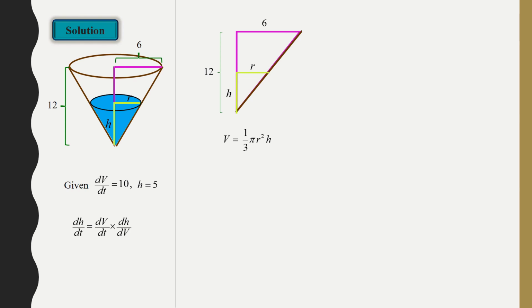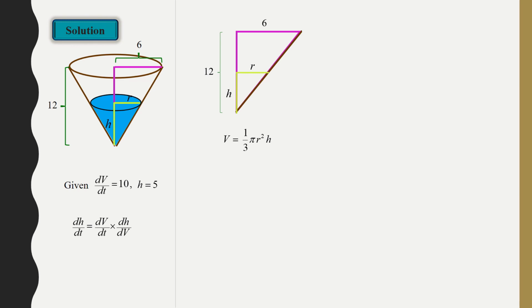Since we are going to find dH/dV, we can find dV/dH from V in terms of H. Since we have two variables on the right side, we need to substitute R in terms of H. To get R in terms of H, we can use a ratio, perkadaran untuk dua triangle yang warna kuning dan warna pink.